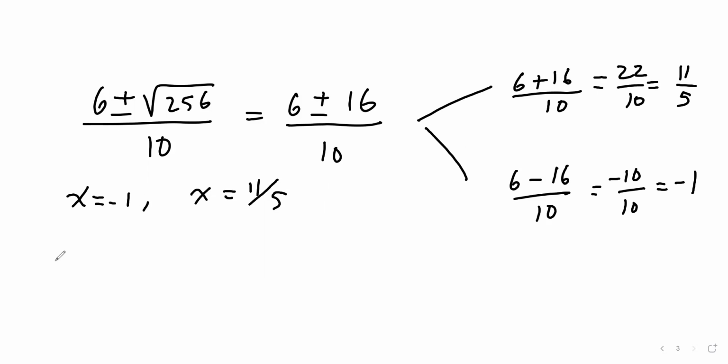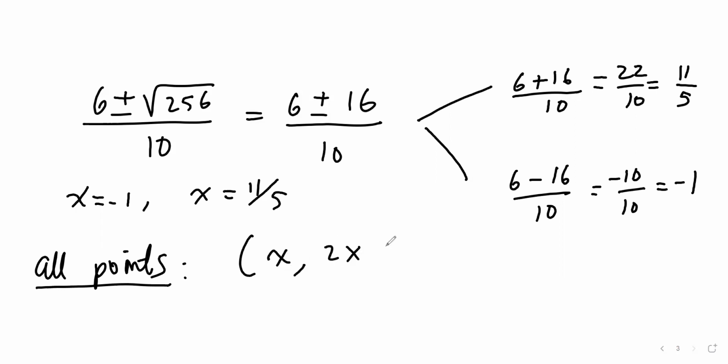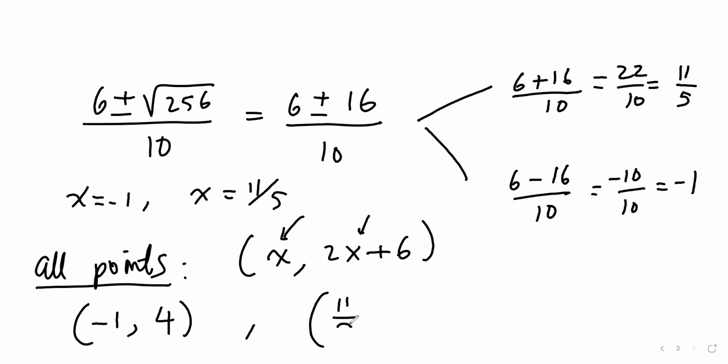Remember, all our points were of the form x, 2x plus 6. First, x equals negative 1. If x equals negative 1, the point is negative 1, and 2 times negative 1 is negative 2, plus 6, that's 4. This is one point. The other one is x equals 11 over 5.